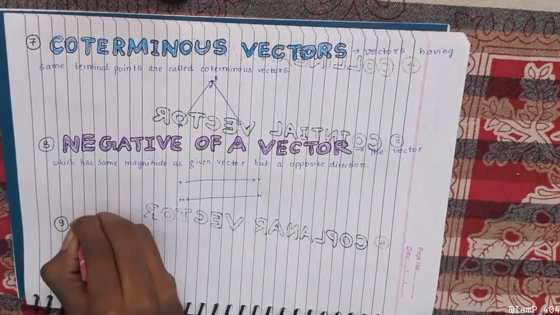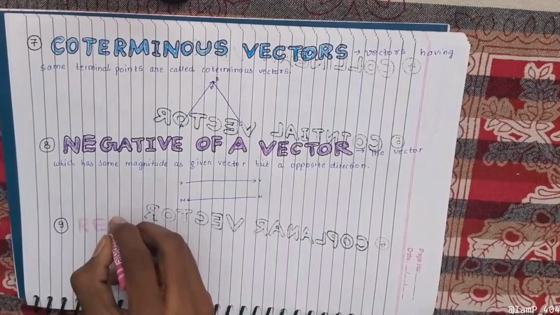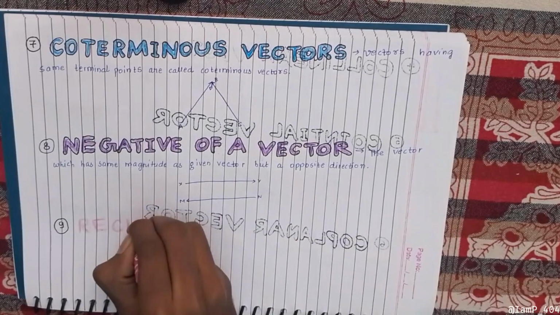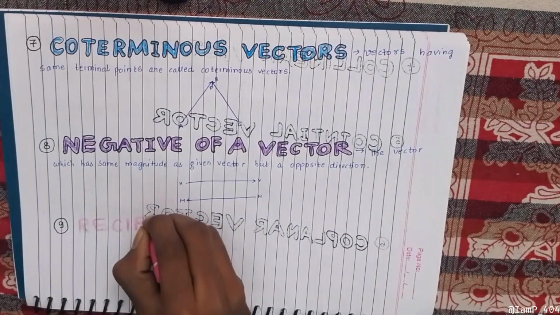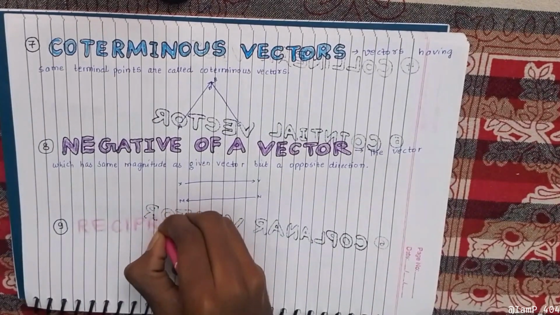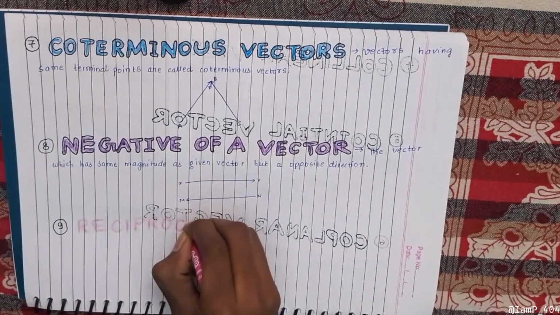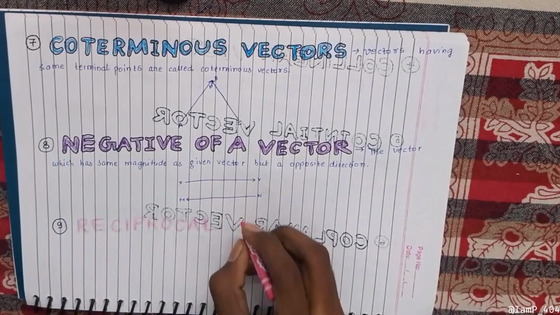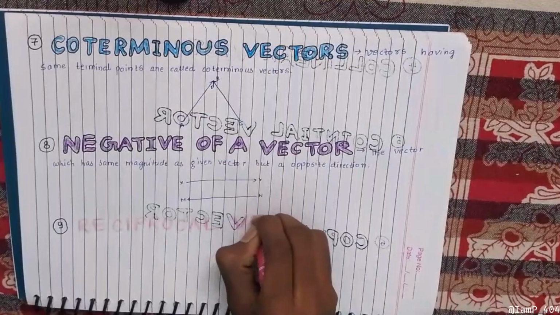Reciprocal vector. You cannot see this out after highlighting the reciprocal vector.